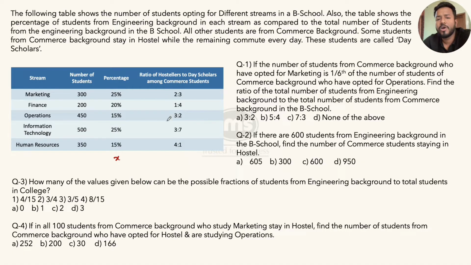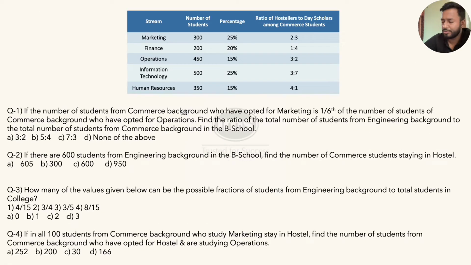And this particular column actually bifurcates them on the basis of whether they are hostelers or they are day scholars. So that number 300 minus 0.25x can be divided in the ratio 2:3, and this can be done for each of these departments. That is what is specifically mentioned in this particular table, right? So I hope you have comprehended this well. Now let's proceed on to question by question.